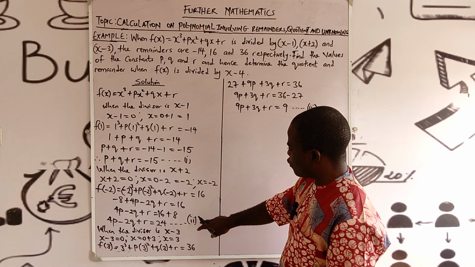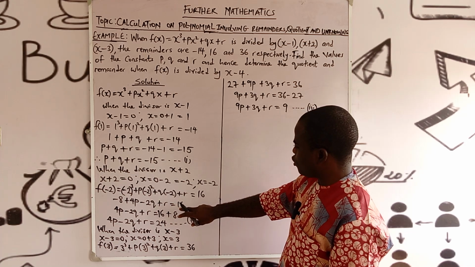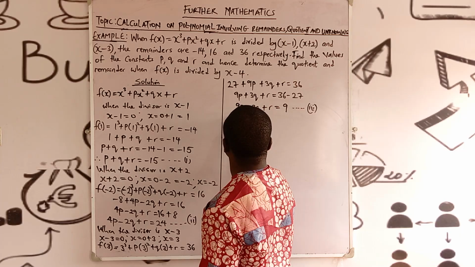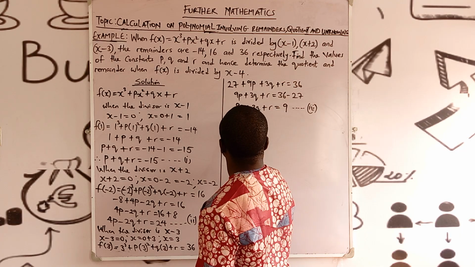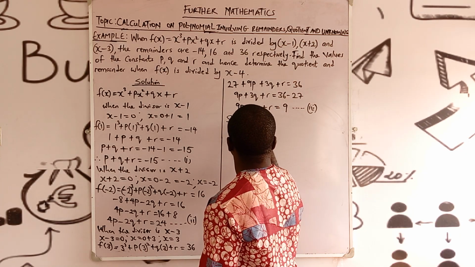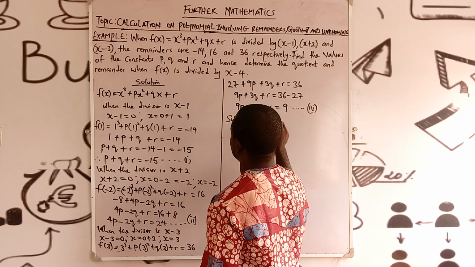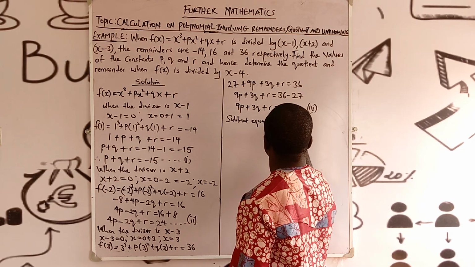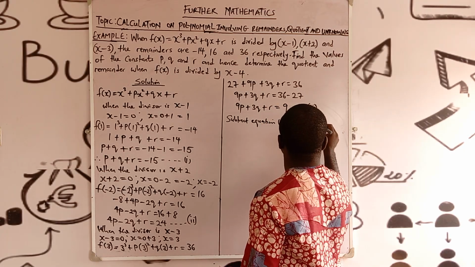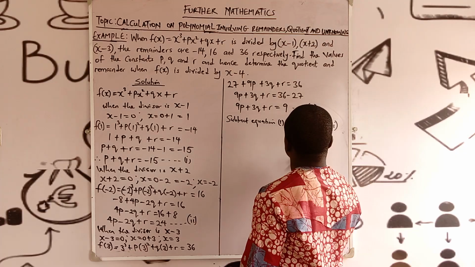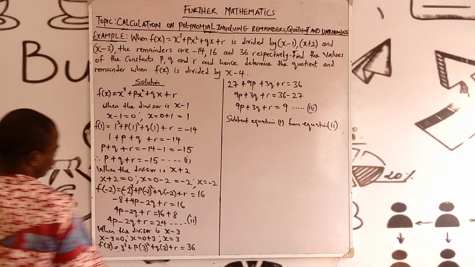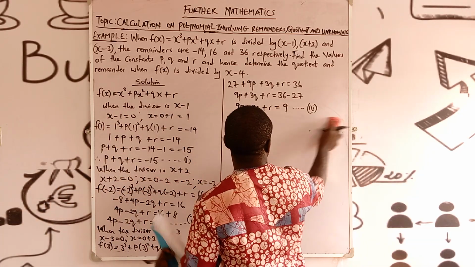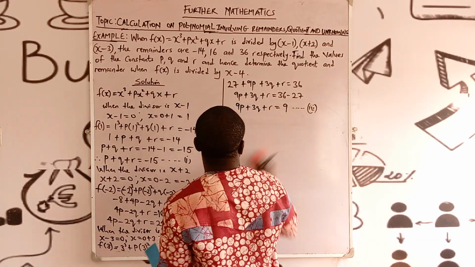Now we want to look for the values of p, q and r. Let's subtract equation 1 from equation 2. Before we do that, let's bring those equations together so that you don't get confused.